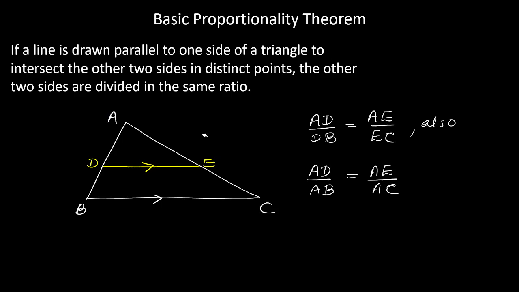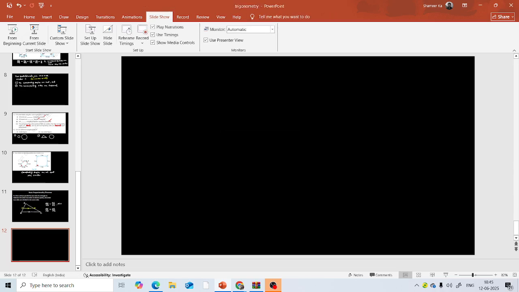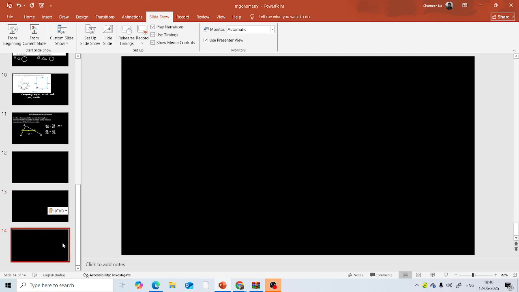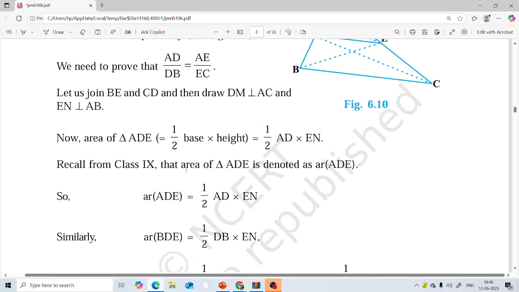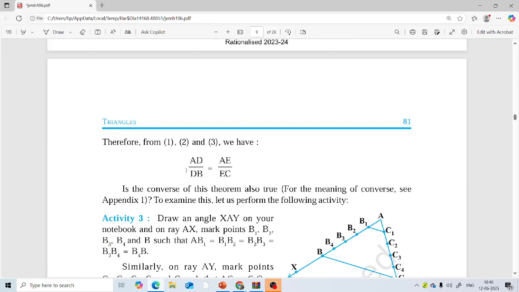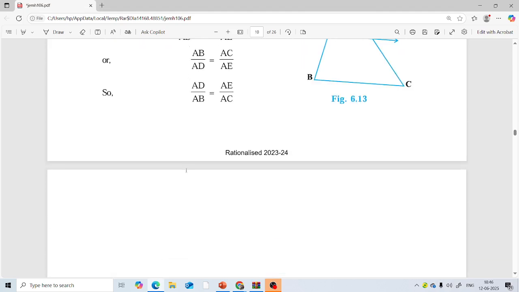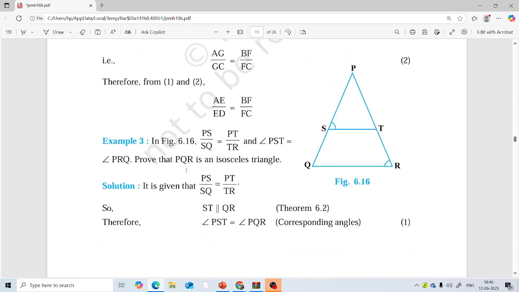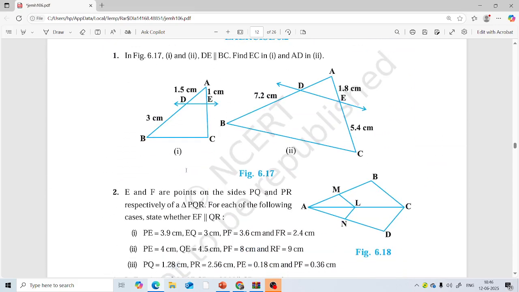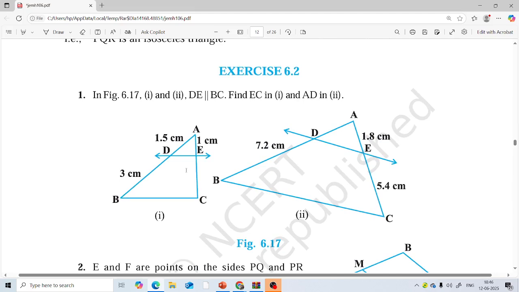So there are questions based on this result. Let me discuss one question. This chapter is a tough chapter. If you don't understand, you must ask me your doubt. In the exercise there are a lot of show-that questions, but initially we are not doing show-that questions. There are problems based on finding the side.